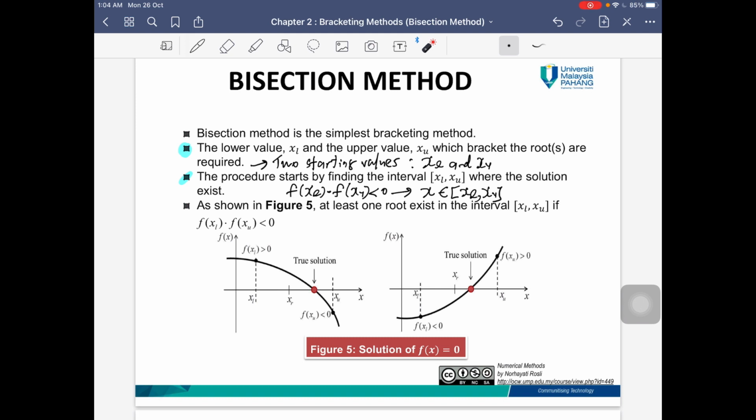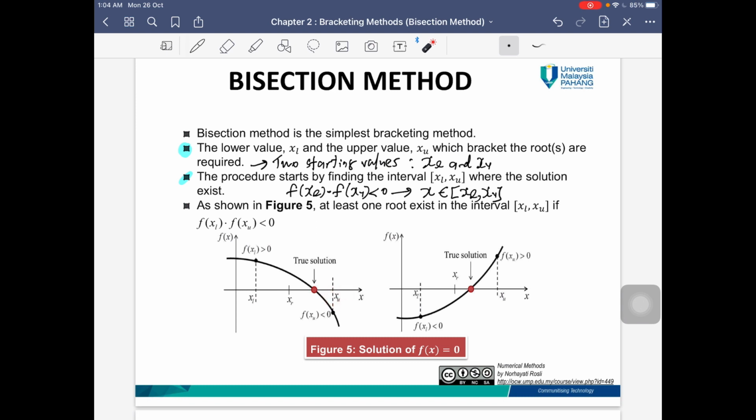Figure 5 shows you two possible patterns or behaviors of our graph, either the first one or the second one. The first graph, if your graph is something like this, you will have your x_l here and then x_u here.